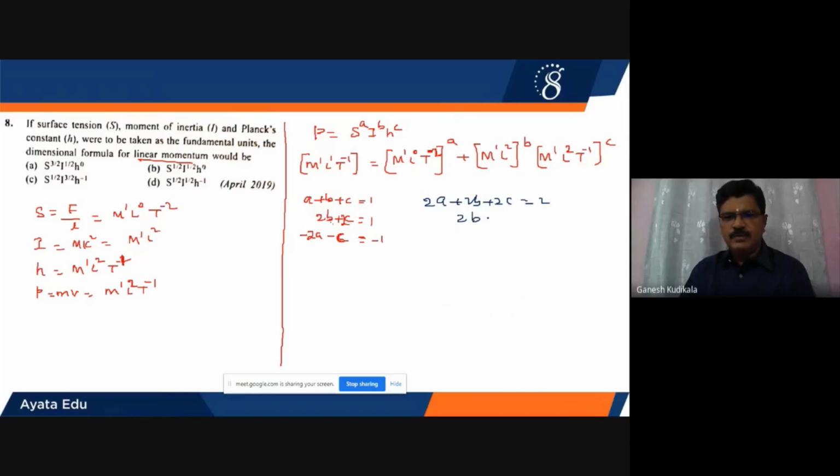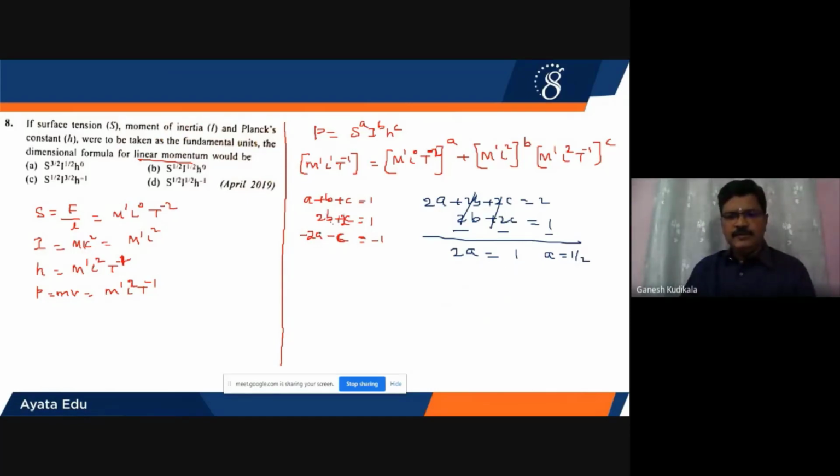The second equation is 2b plus 2c equal to 1. On subtracting, these two get cancelled, and I get 2a on the left hand side equal to 1. Therefore, a will be equal to 1 by 2.